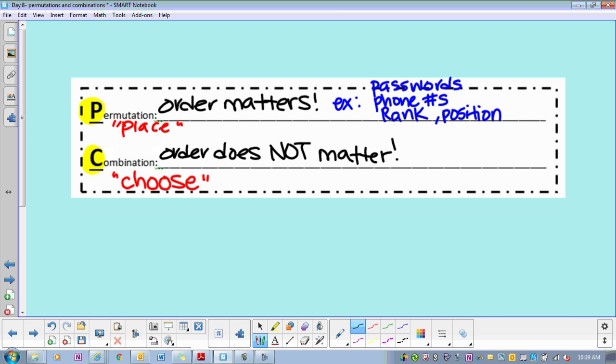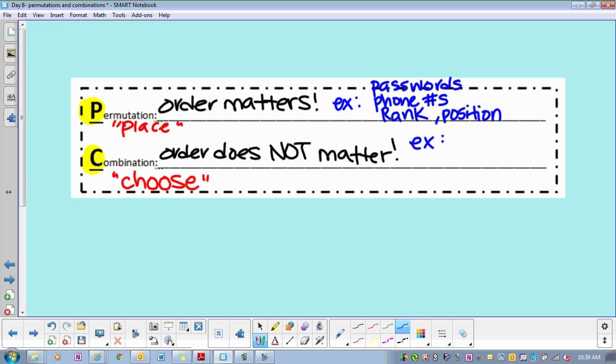Okay, order does not matter. Yes, but if you have a combination lock, doesn't the order matter? Yeah, but they call it a combination lock, but it really should be a permutation lock, right? Because for combination, order does not matter.